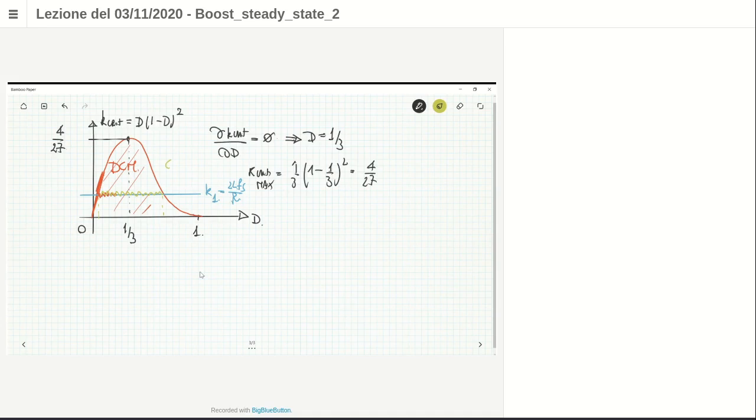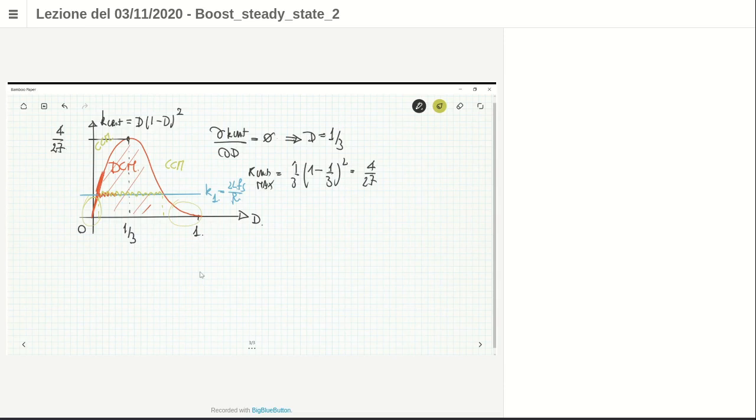Then on the external of this duty cycle interval, for example, around duty cycle 0 and around duty cycle 1, you are in CCM, because on the external of this curve, you are operating in CCM.